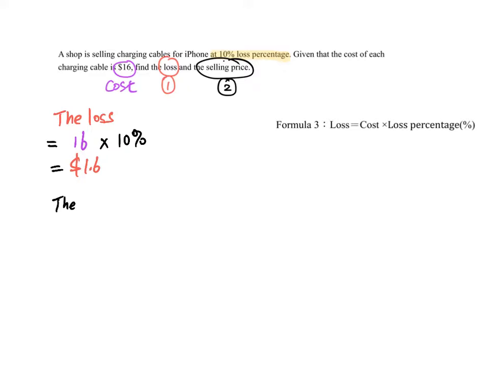And then the next thing, we need to find the selling price. The selling price is just equal to $16 minus $1.6. And the selling price is $14.4.